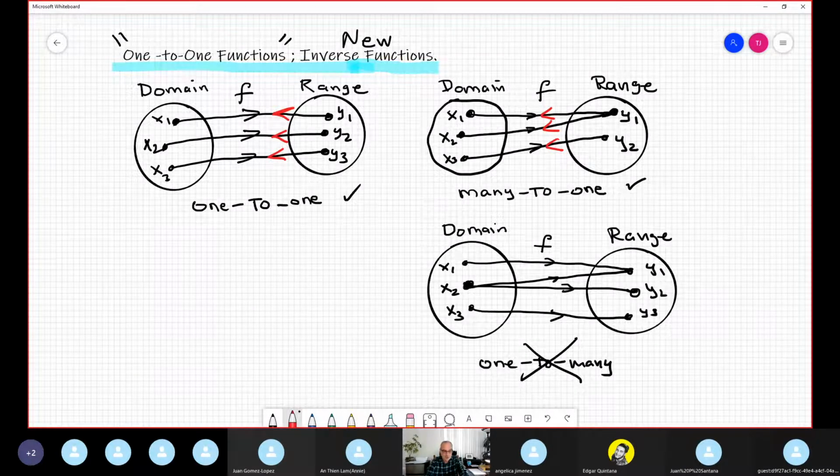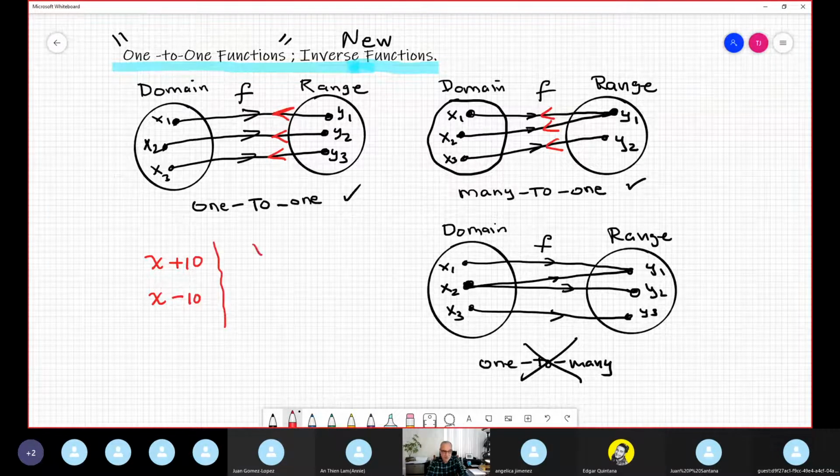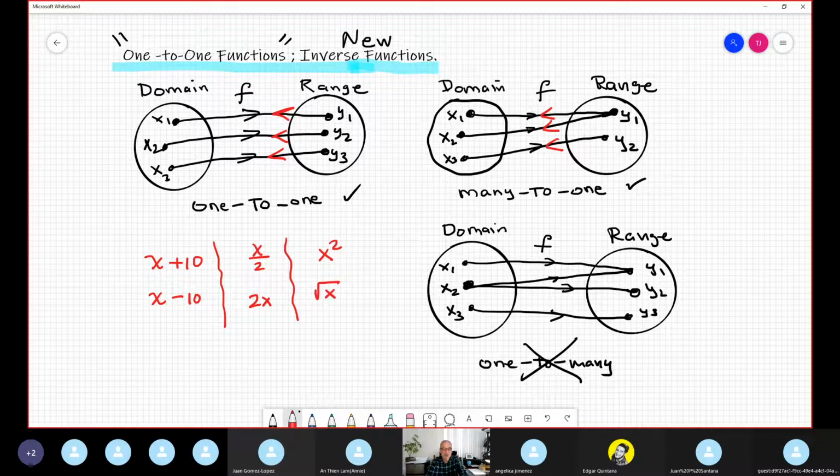For example, one easy, elementary function is x plus 10. The inverse function is x minus 10, because subtraction is the inverse operation of addition. Suppose another function is x divided by 2, and 2x is the inverse function. This is the idea behind it. For example, x squared and the square root are inverse functions because they undo each other. Let me show you the idea.